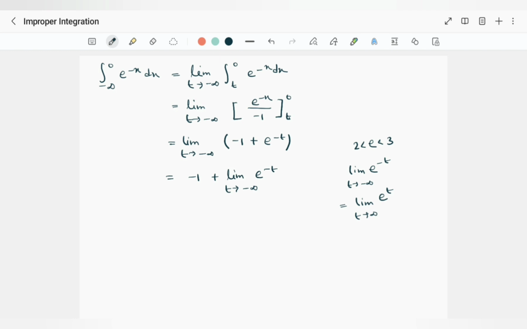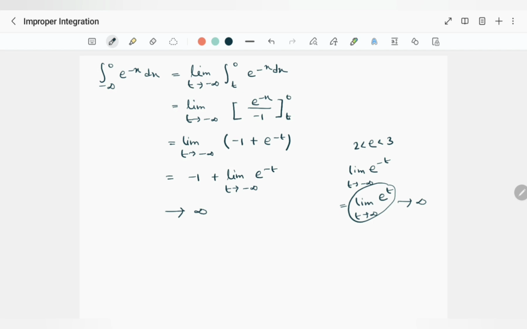So this is equivalent to this. When we put the power tending to infinity, a very large number, then the whole number tends to infinity. So this value is tending to infinity.